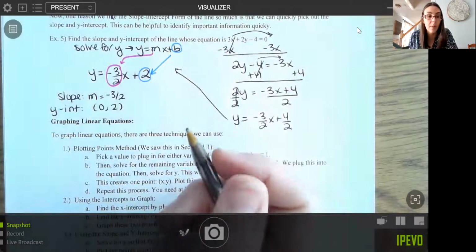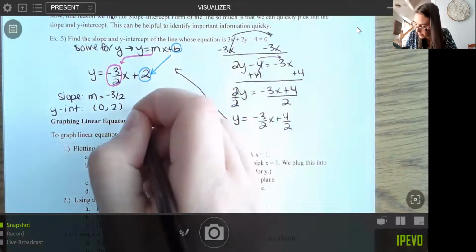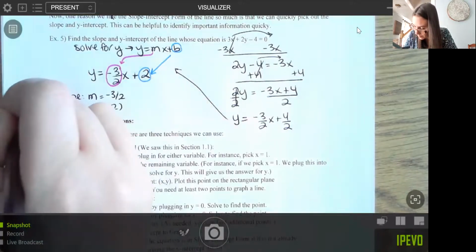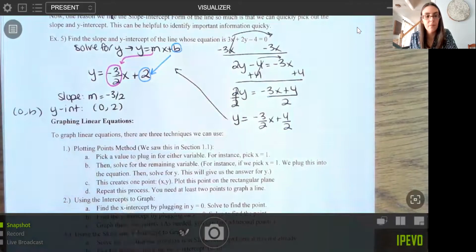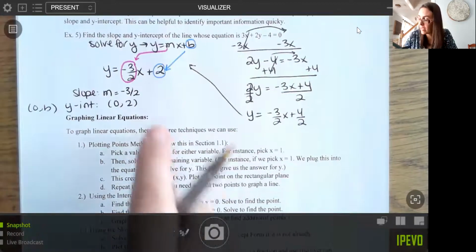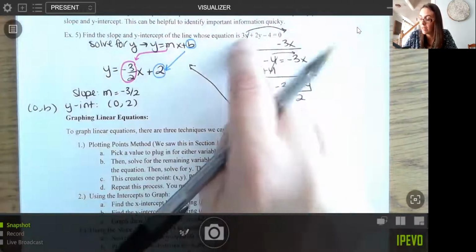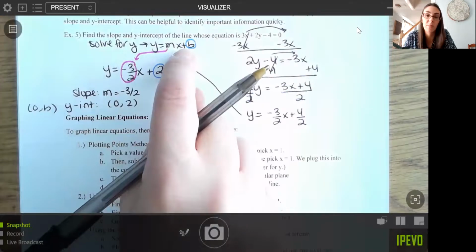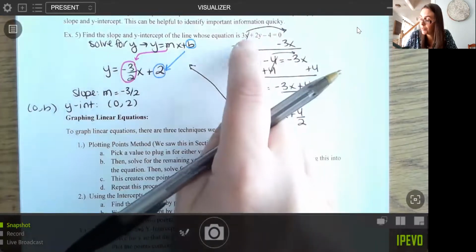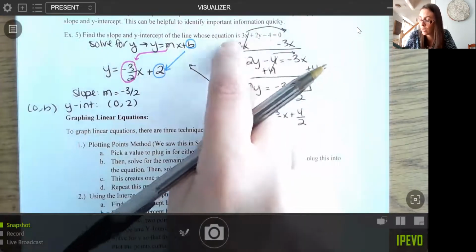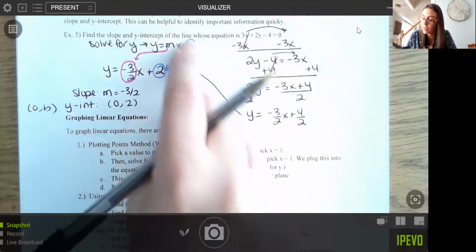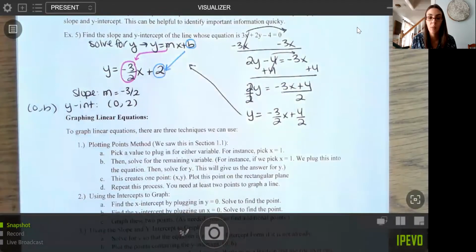Because it's 0, b. Okay. Now notice that I can't find these right away if I'm not in the y equals mx plus b form. So you do need to make sure you solve first. Your slope is not 3. It's not always just whatever's with the x. You have to be in the right form first, and then you can pick out that slope and y-intercept.